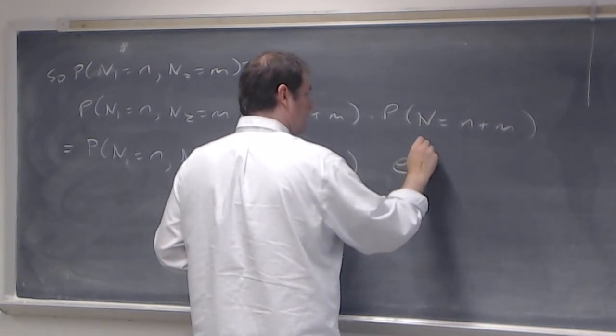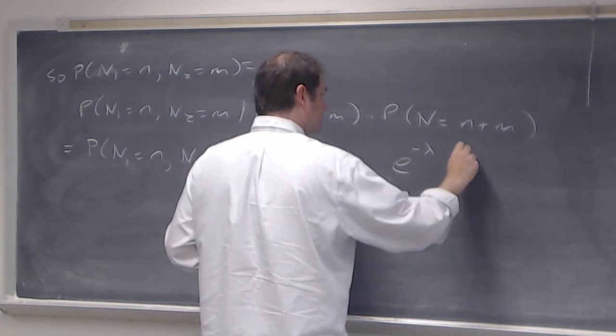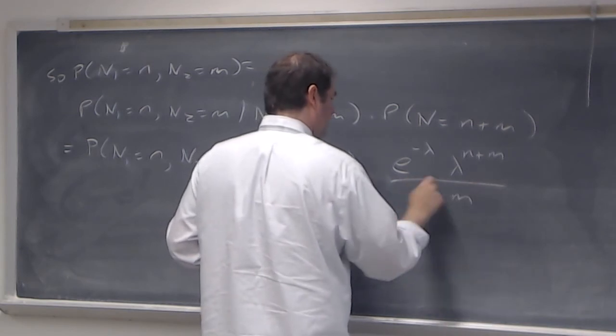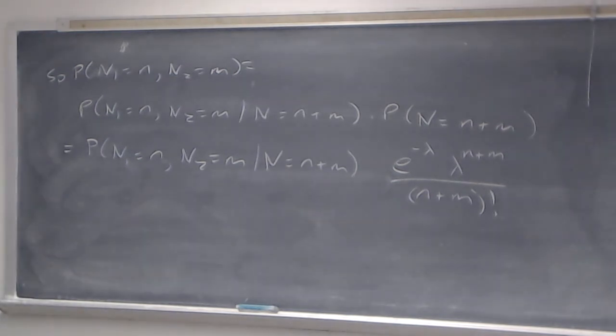It's e to the minus lambda. Lambda was the parameter, you might remember. Lambda to the n plus m all over n plus m factorial. Now, we're going to concentrate on this part.